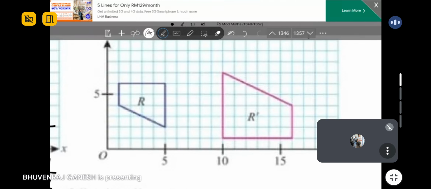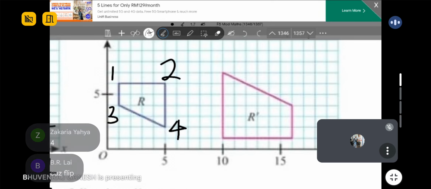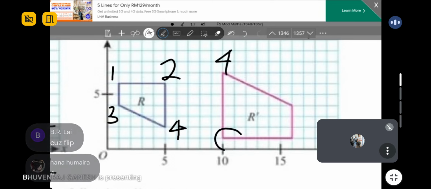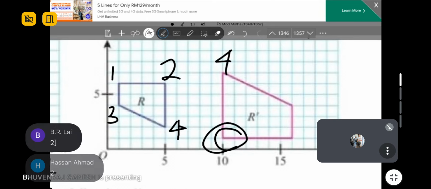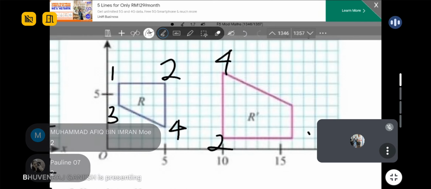So first of all, you must compare the similar points. I labelled some points for you. You try and see. Can I ask you, this point, what number? Yes, very good. The answer is 4. How about these, guys? What number? Very good. The answer is 2. This one?